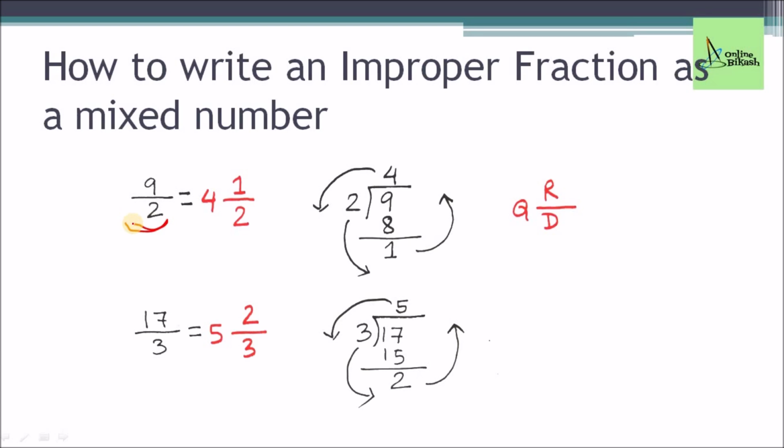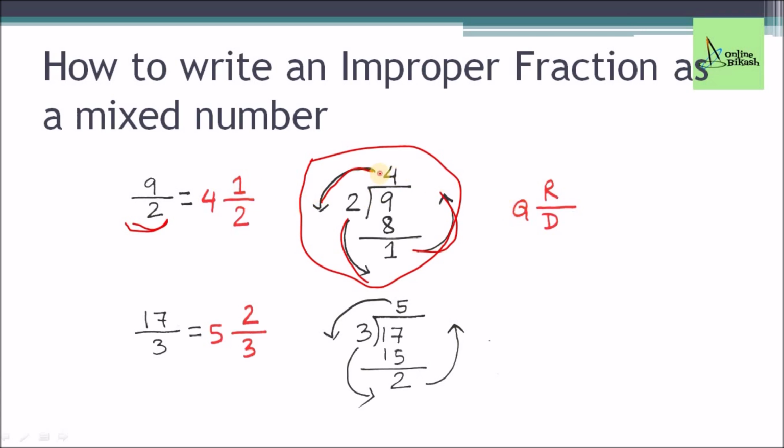And after that we will divide it. 9 divided by 2. If you do the division, 2 4s are 8, and 1 will be the remainder here. Now this 1 will go up, this 4 will go to the left, and this 2 will go to the bottom. You see this one, quotient, this 4 is the quotient, yes or no?